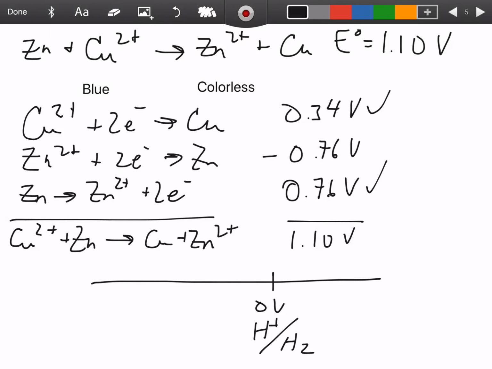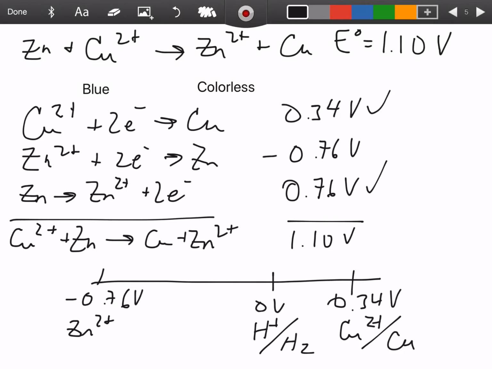So that's 0 volts. Out here we would see another measurement at 0.34 volts, due to the copper 2 plus copper couple. And on the other side, way out here, we're at negative 0.76 volts, due to the zinc 2 plus zinc couple.